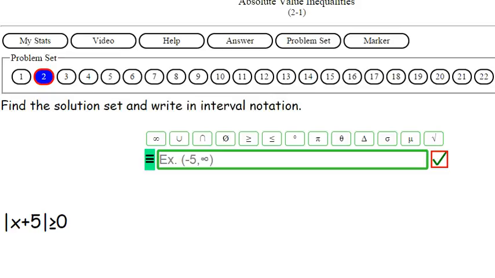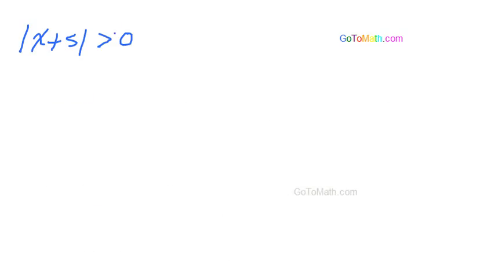So the absolute value of x plus 5 is greater than, actually, was that an equal sign in there? Yes, it was. Okay, so we're going to go ahead and write this as two inequalities.